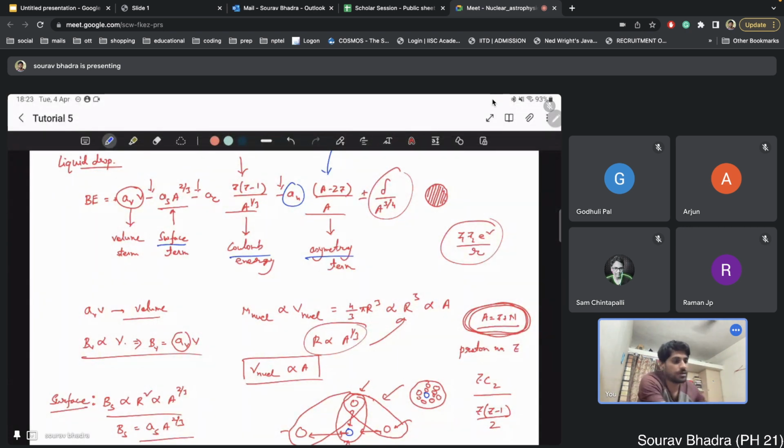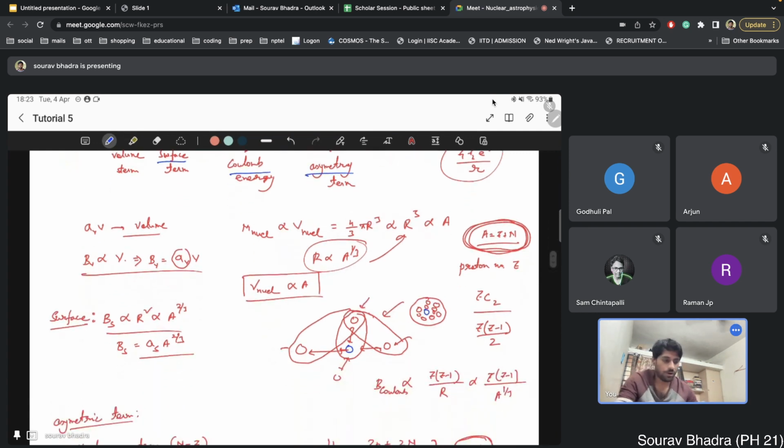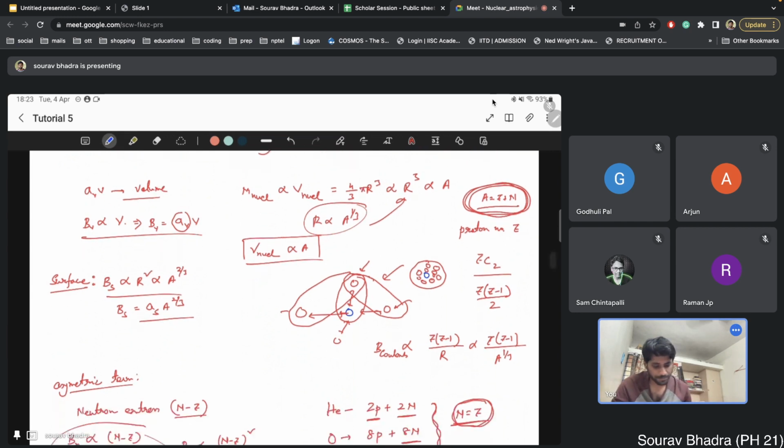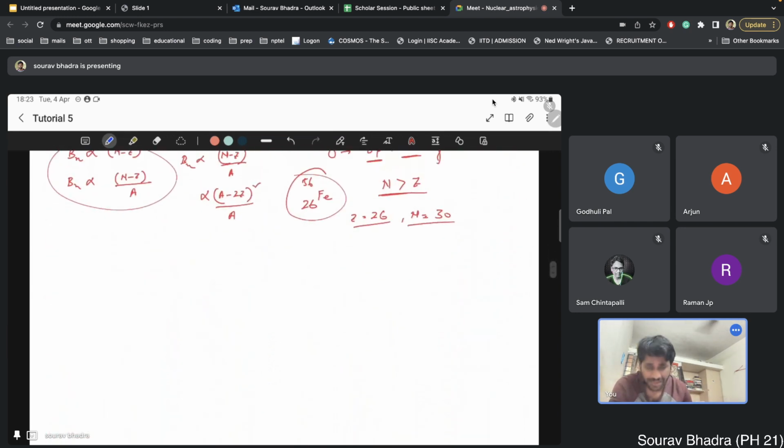So this actually comes due to the stability of the nucleus. Certain cases can happen with your z, a, and n, neutron plus proton.